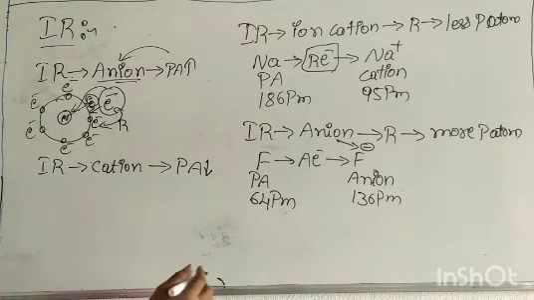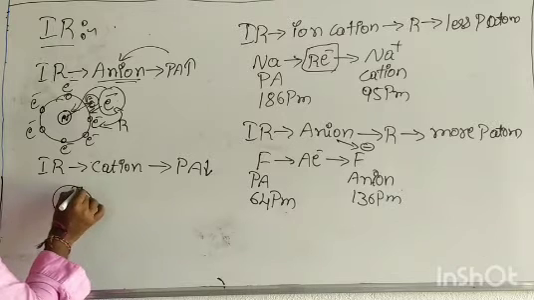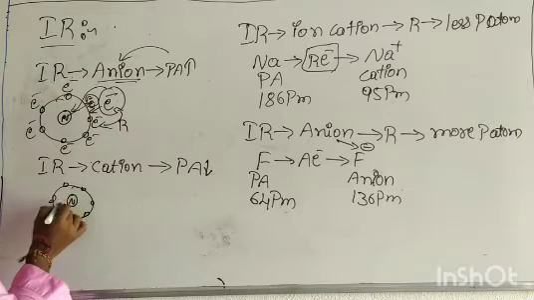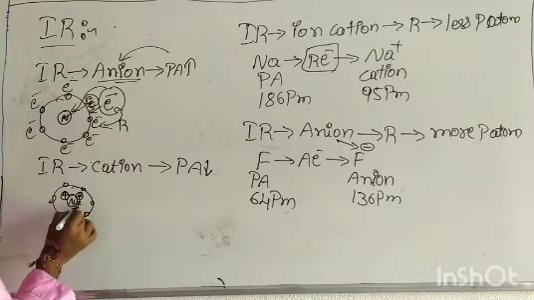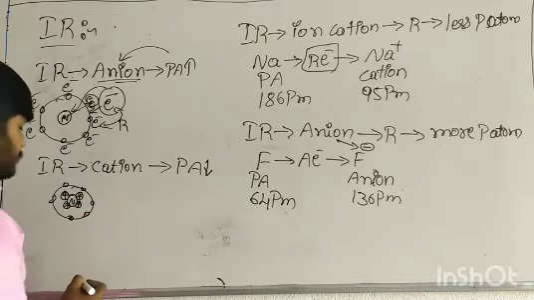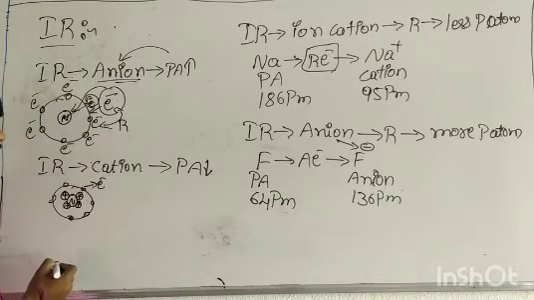Here, guys, an atom consists of a central nucleus and electrons, right? And I told you your nucleus is positively charged because the protons are added in the nucleus, and the electrons are negatively charged.